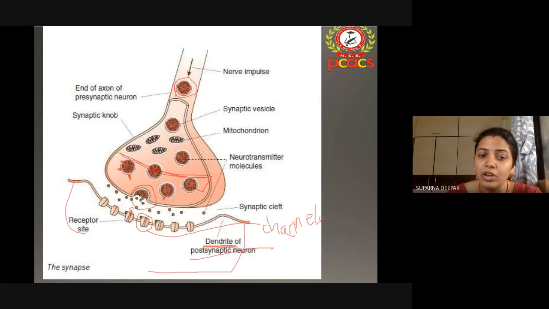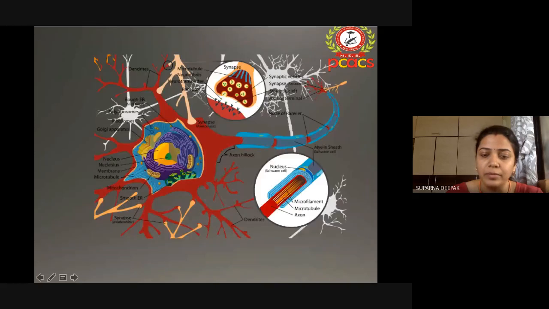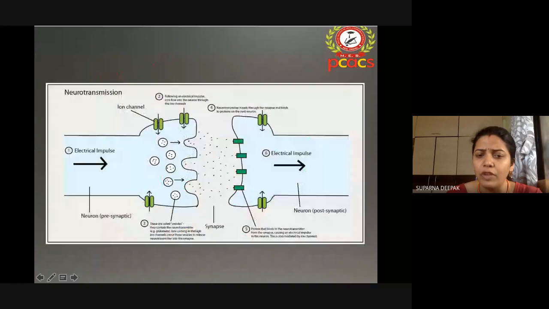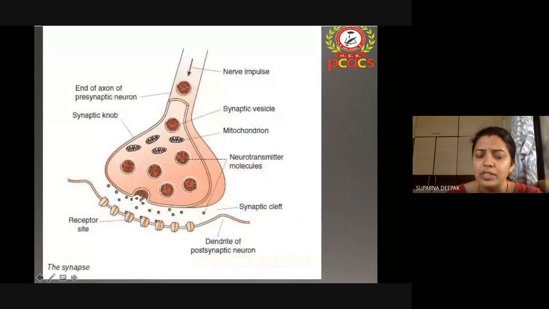Whenever your neurotransmitter comes and binds, if you have a closer look at the picture, you can see these three receptors where the neurotransmitter has already bound.